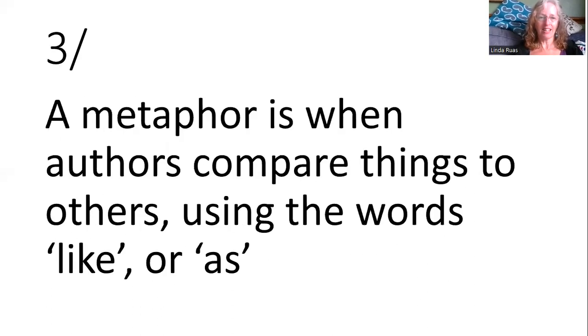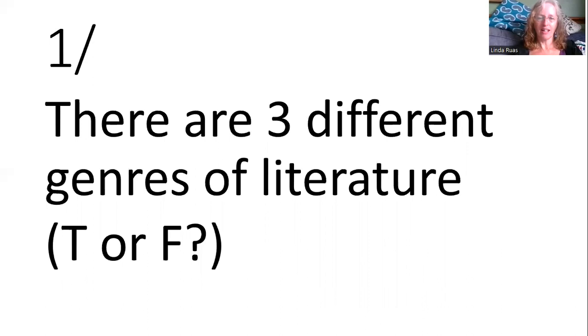Okay, let's go back over and see. Number 1, true or false? It's false, of course. There are a lot more than 3 different genres of literature. Every week in my literature video, we've been looking at a different genre.